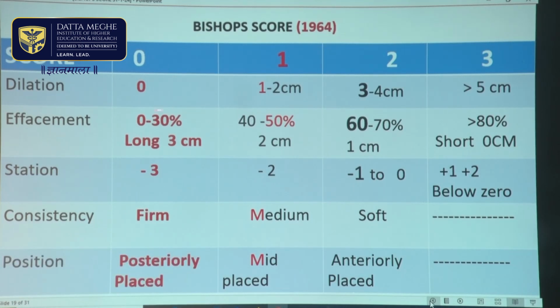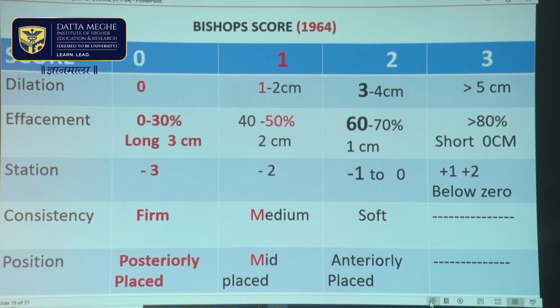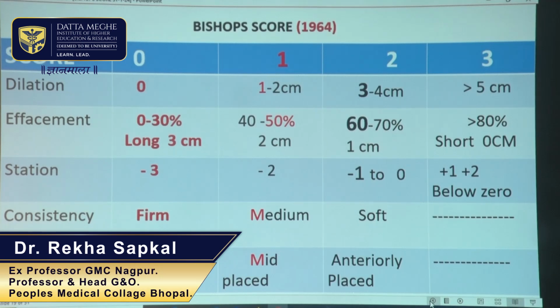Then you come one column here and go ahead one column here. What is here: 0 dilatation, effacement less than 30%, and -3 station. This is firm in consistency, which is bad, and a posteriorly placed cervix is bad. So, whenever the cervix is undilated, uneffaced, long, 3 centimeter, head at -3 station, firm in consistency and posteriorly placed, it is a poor cervix or unripe cervix.